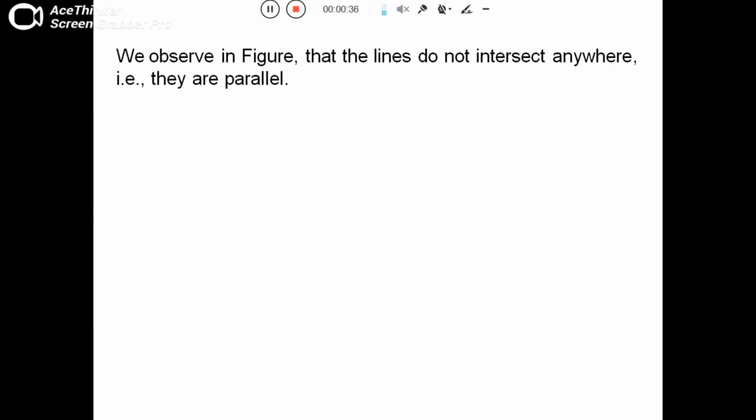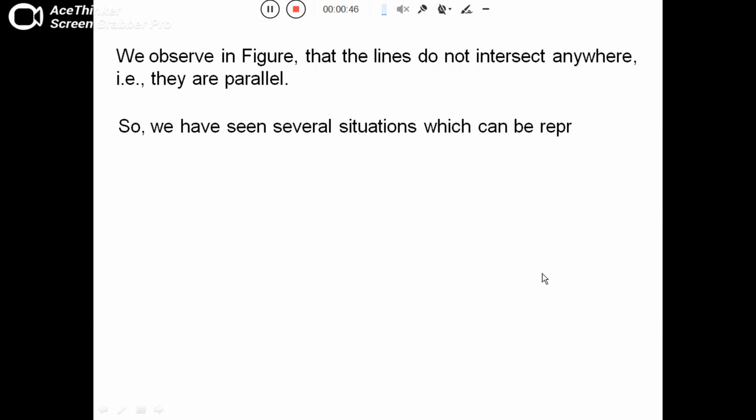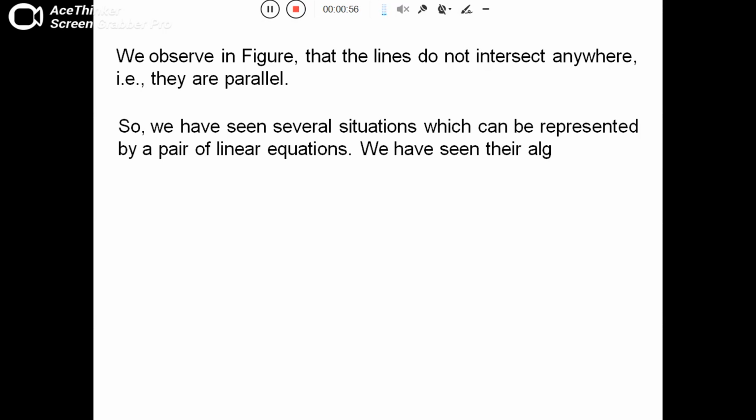So children, we got the three conditions graphically and algebraically. We have seen several situations which can be represented by a pair of linear equations. We have seen their algebraic and geometric representations.